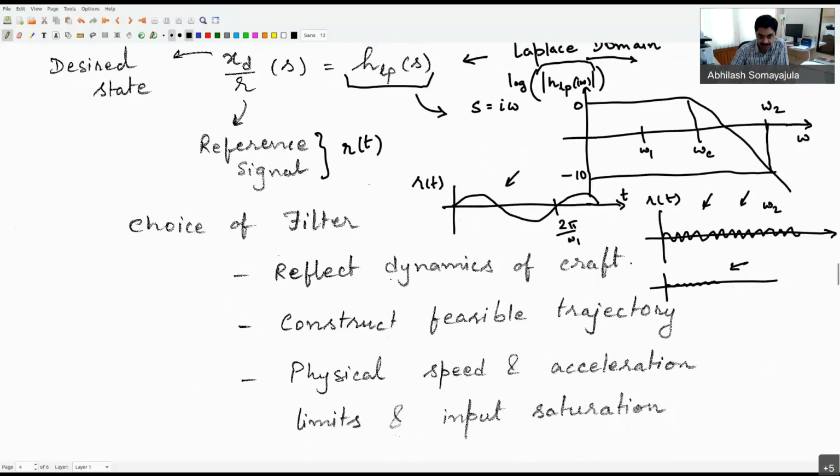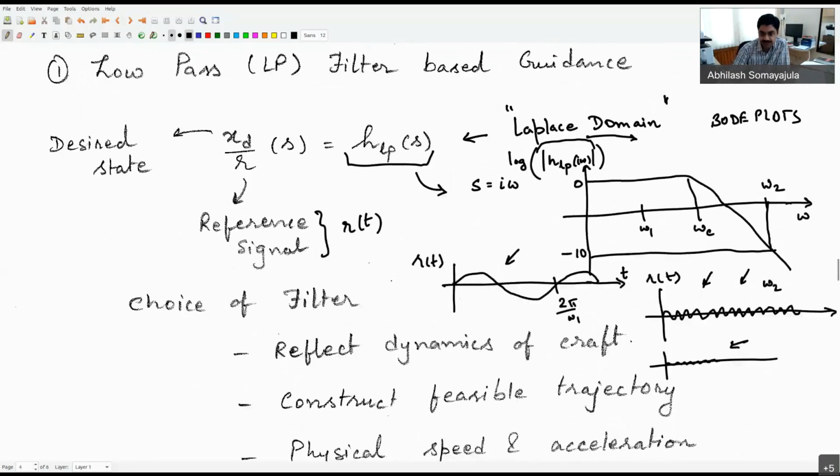So when we choose this filter that you saw here, whenever I'm designing that filter, mostly I'm playing with omega c as one of the values. I'll also see that not all filters can fall off so straight. They may actually look something like that also.